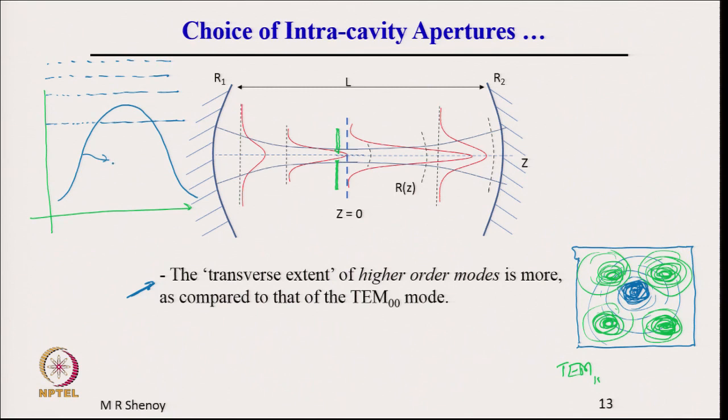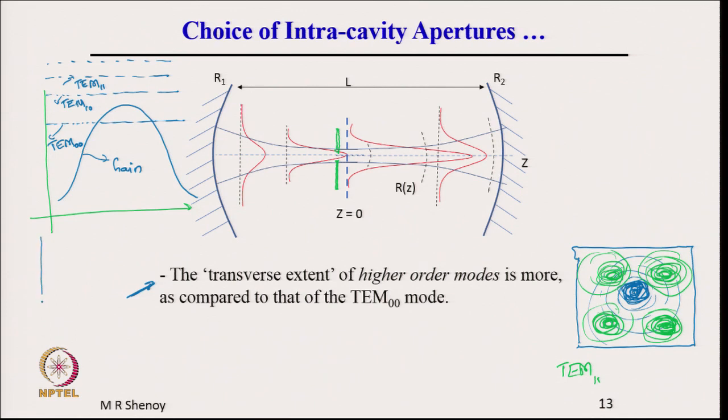So, this is the gain curve, this is the loss line for TEM00, and this is for TEM10, this is for TEM11. The point I am making is the loss for different modes are higher and least for the TEM00 mode.